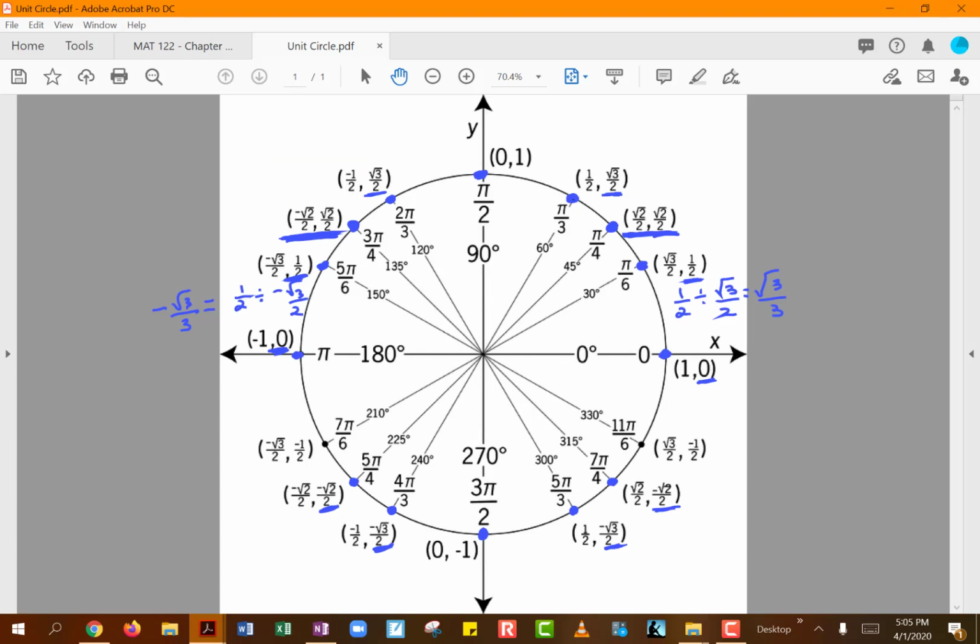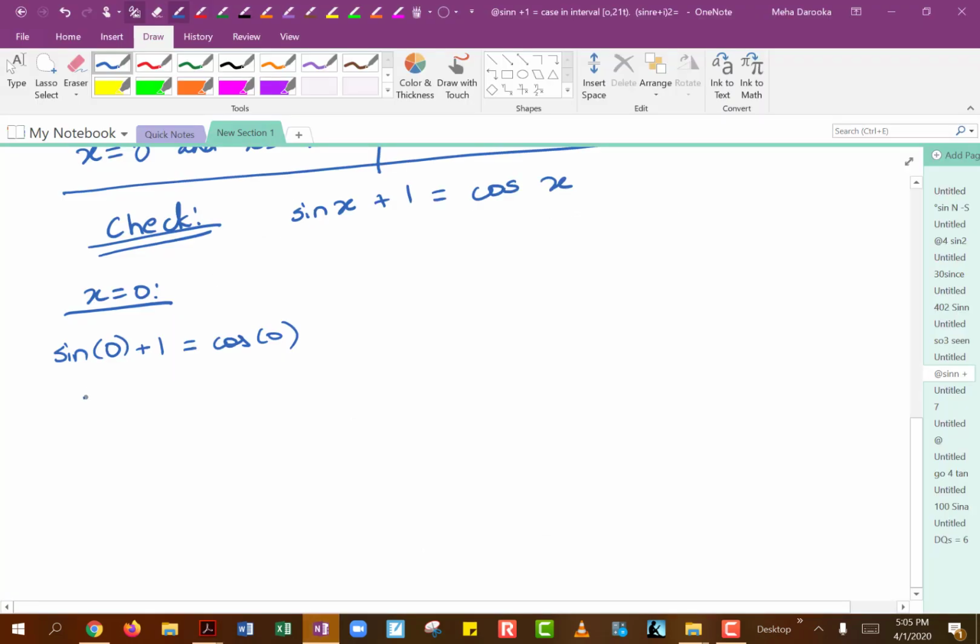No, I was on the right track. I don't know why I confused myself and I was thinking 1, but sine of 0 is 0. So this will be 0. I have plus 1 here. And then cosine of 0 is 1. So we end up getting 1 equals 1, which is a true statement. So that means this guy is good to go. Okay, we can use him.